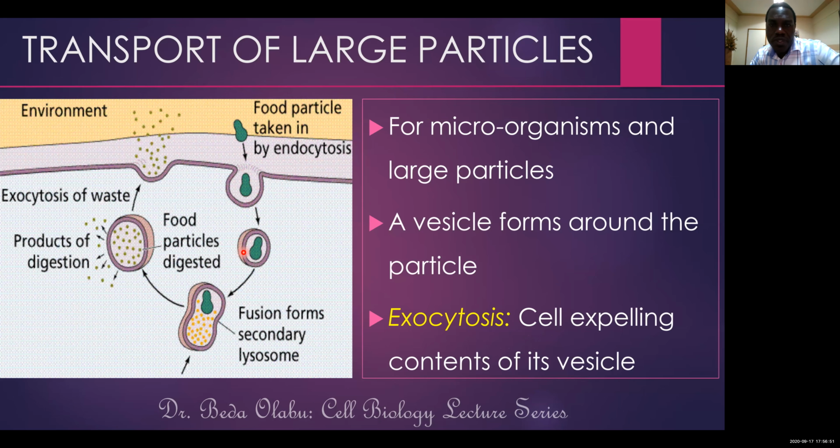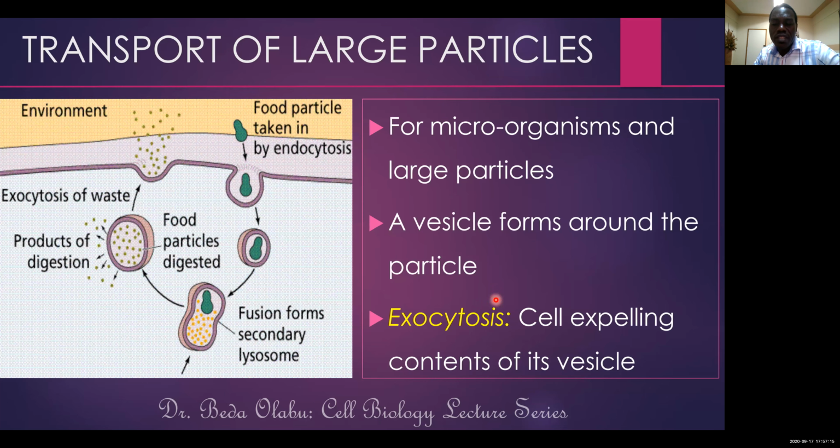There are 2 types of transport of large molecules based on the direction of movement of that molecule. If the large particle is moving from inside the cell to out of the cell, then we call that exocytosis.